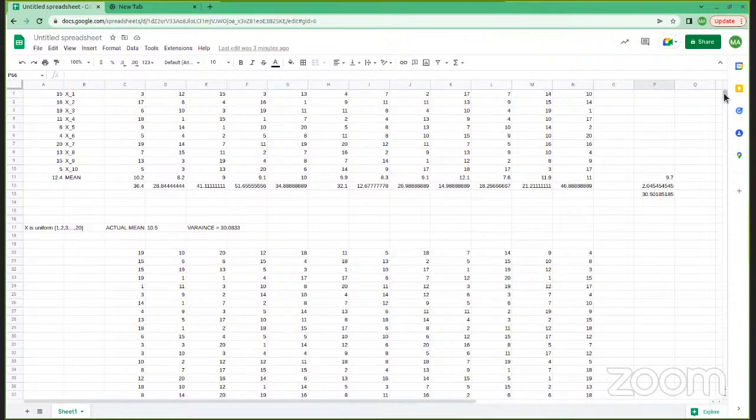Now, if we know the population mean, variance, and everything, we can collect some samples. We know that the sample mean will be x1 plus x2 plus up to xn, divided by n, but the expected value of the sample mean will be the expected value of the population, and the expected value of the sample variance is actually the population variance.